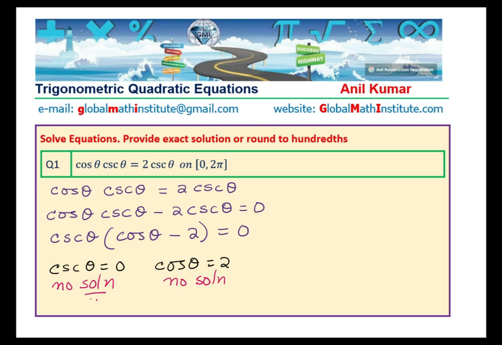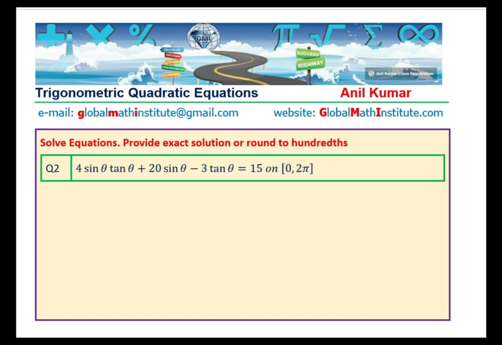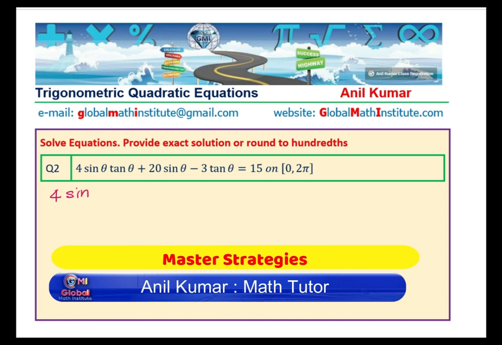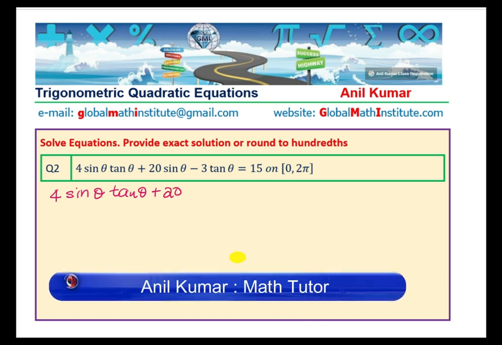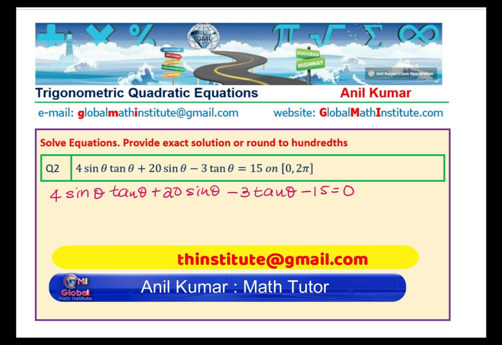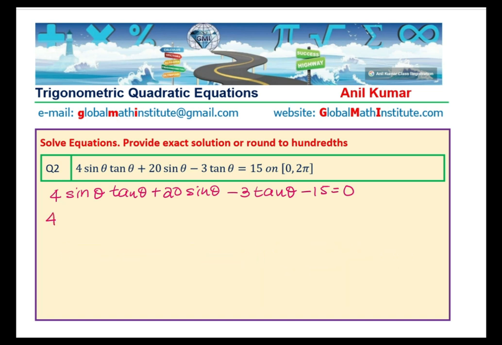Now let us take up the second question, which is 4 sine theta tan theta plus 20 sine theta minus 3 tan theta equals 15. You can bring the terms together and factor. In the first two terms, we have 4 sine theta as common.